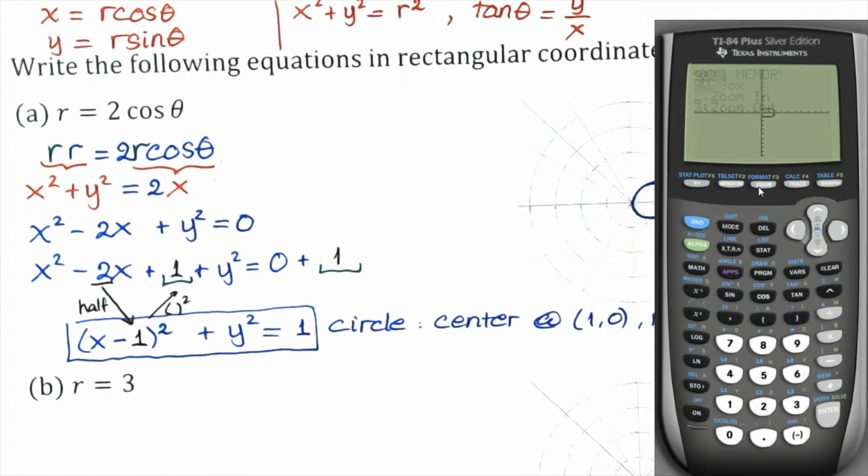I will zoom, we use zoom number 7. It is trigonometry, so it is better just 6 is the standard, and I'll just zoom in.